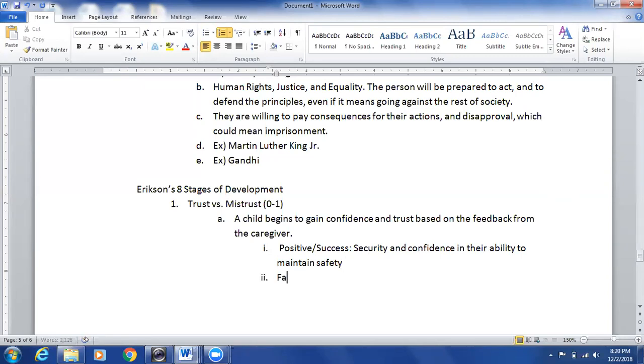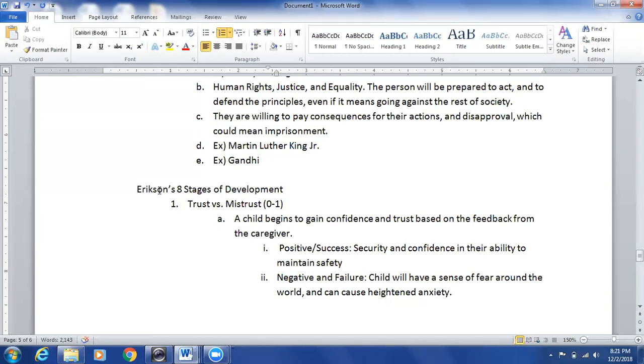And then failure, well, I guess negative, would be the child will have a sense of fear around the world and can cause heightened anxiety.